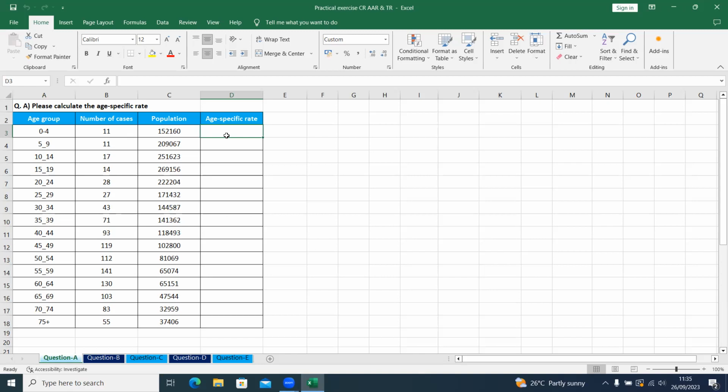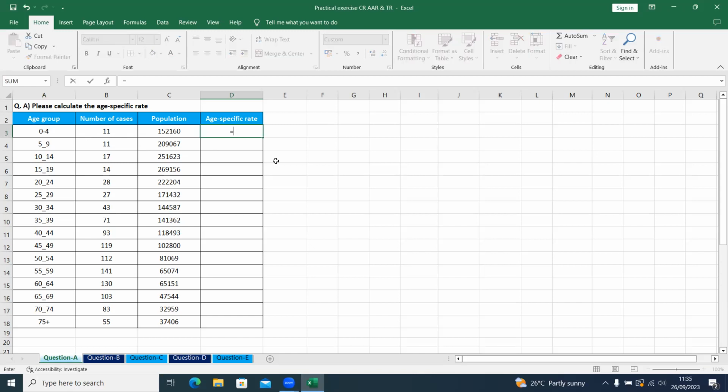To calculate the age specific rate for the age group 0 to 4, we have the number of cases in that age group, that is 11, as well as the population of that age group, that is 152160, and into 100,000.